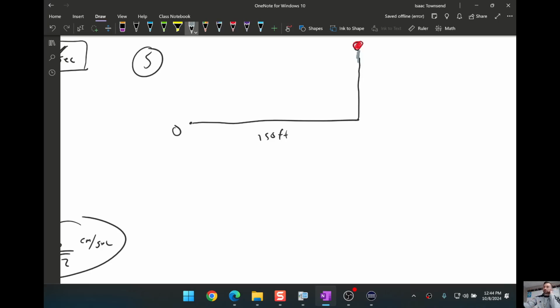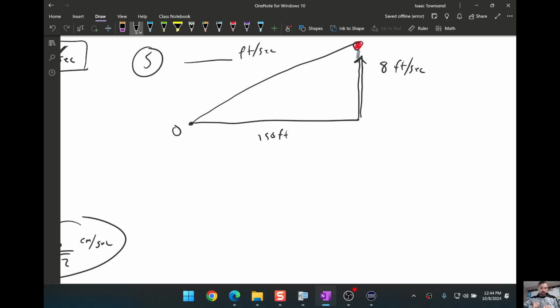If the balloon goes straight up at 8 feet per second, how fast is the distance from the observer to the balloon changing? So how many feet per second? I know it's feet per second because this is feet per second. They're both rates. When the balloon is 50 feet up.